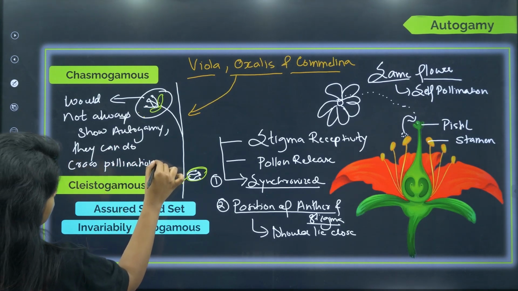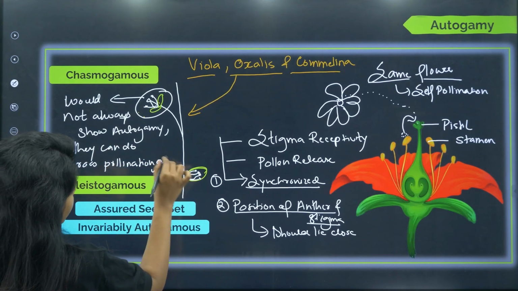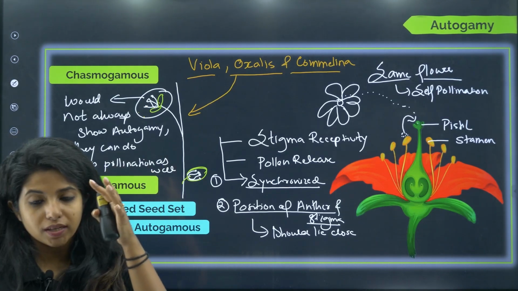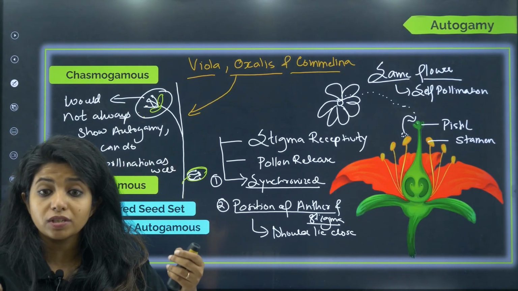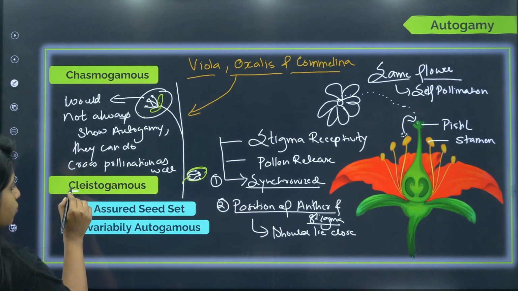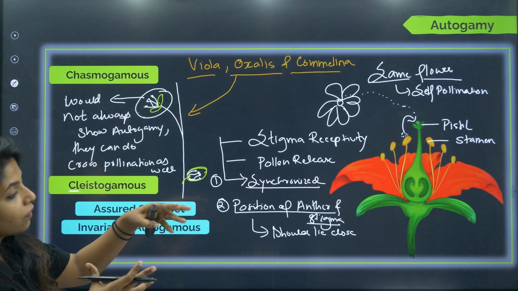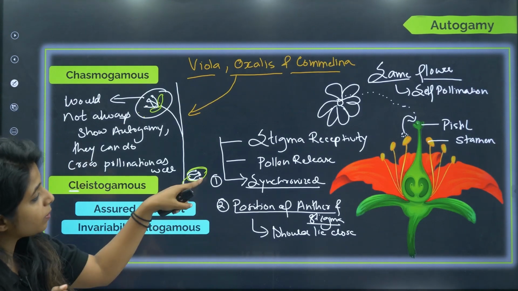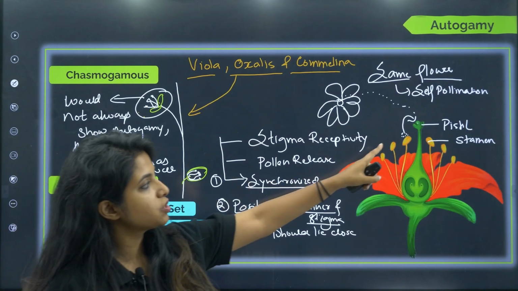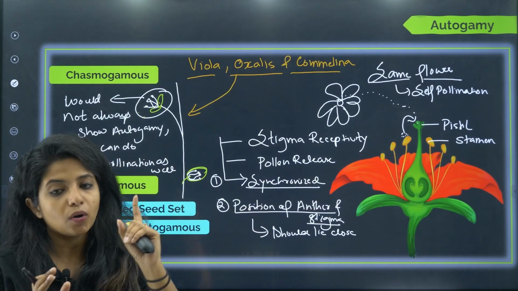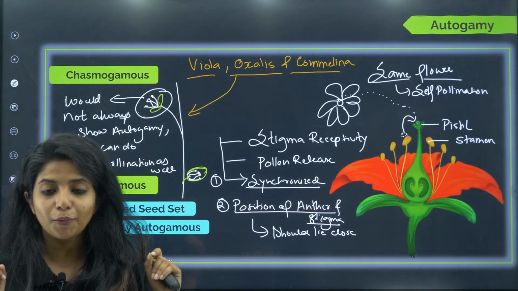But now, when you talk about clistogamous, clisto as in closed, you can remember, Cl for closed, Cl for clisto. That is how you get confused. Now, over here they will always be closed, but they will have their own pistil as well as stamen. So, they can definitely undergo what? Autogamy, that is self pollination.